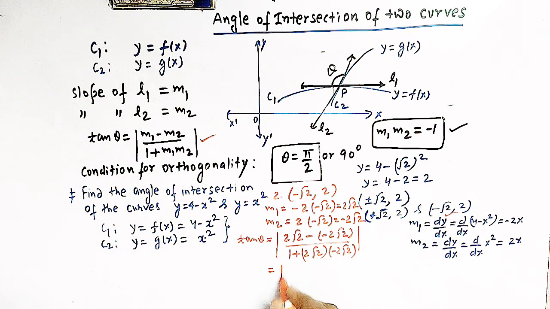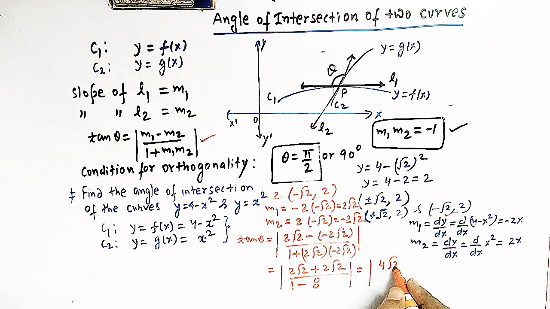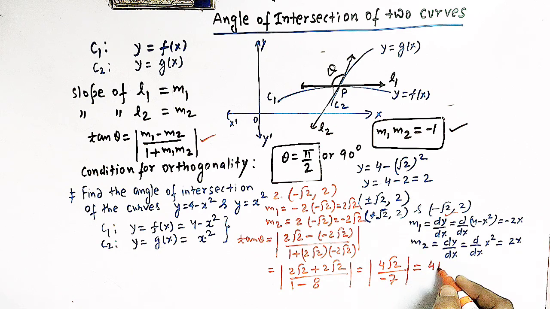So now we can simplify. This is 2 root 2 plus 2 root 2 divided by 1 minus 8, because 2 root 2 times 2 root 2 is 8. So we have mod of 4 root 2 over −7, and when we take the absolute value, this becomes positive, so we have 4 root 2 over 7.